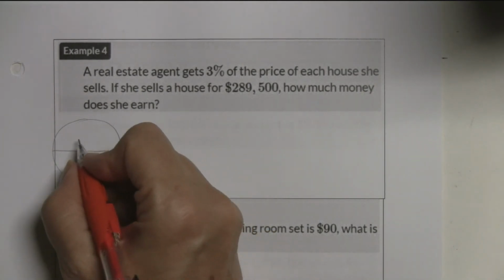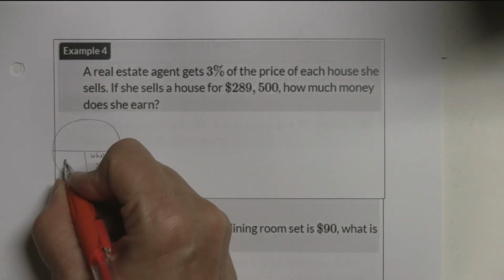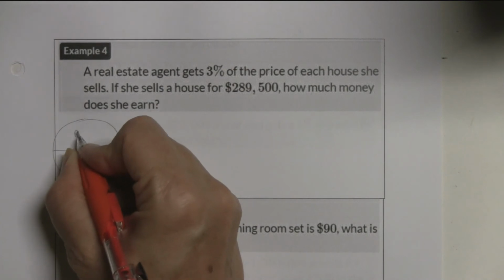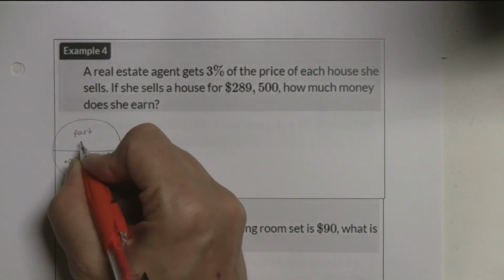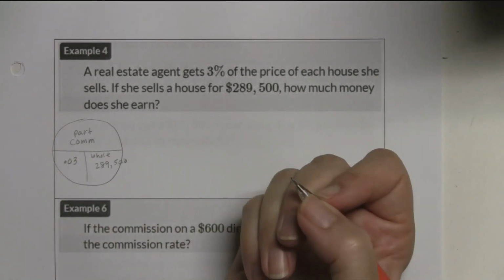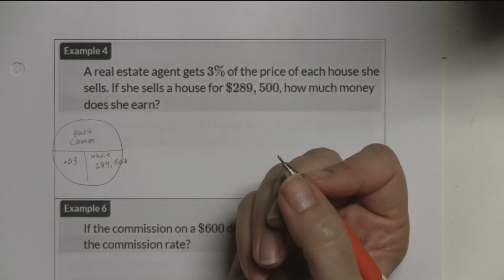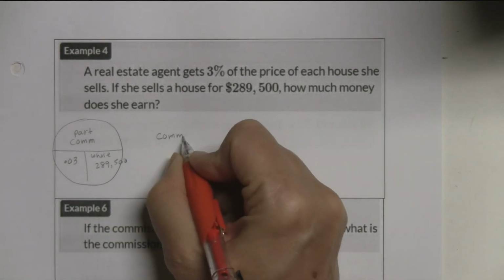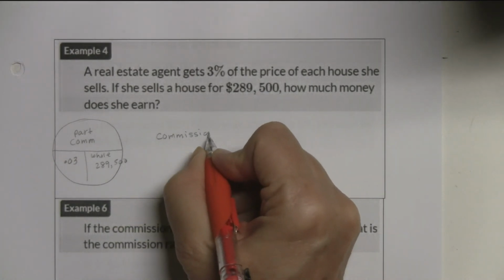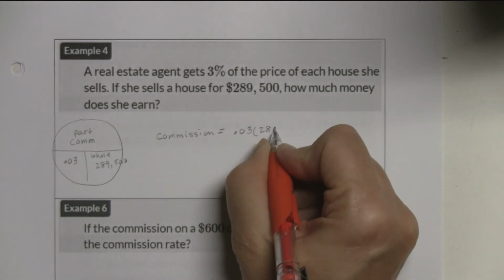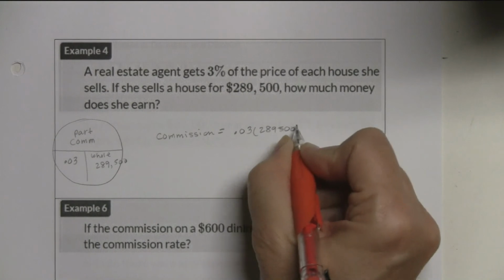And then 3% goes here, 0.03. And this is the part, and this part is her commission. Right? And so her commission is 0.03 of 289,500.